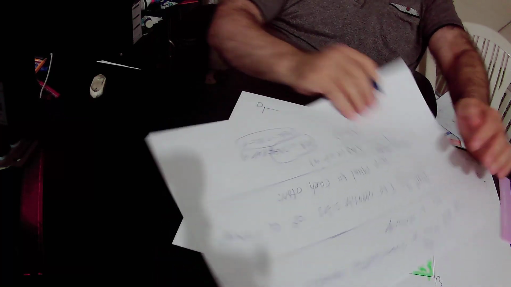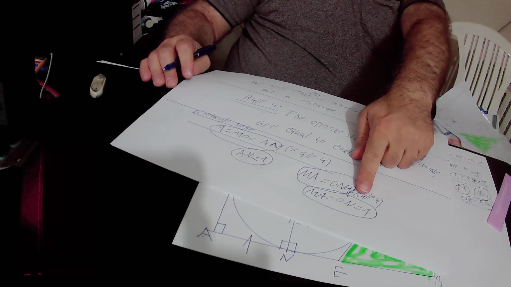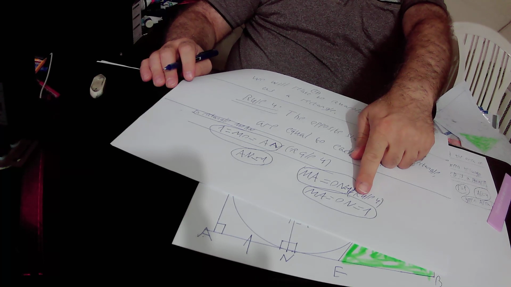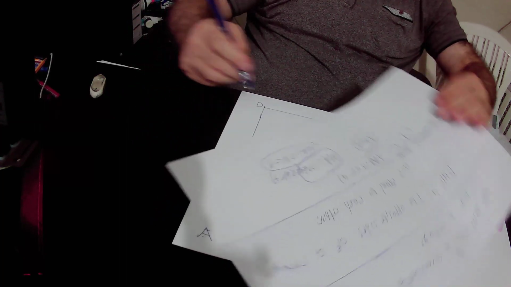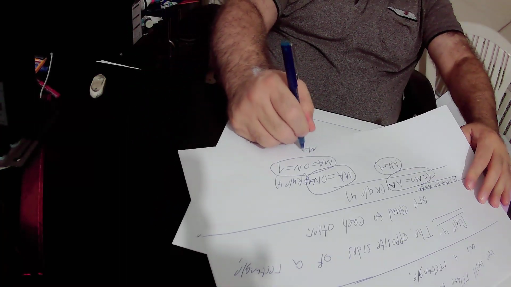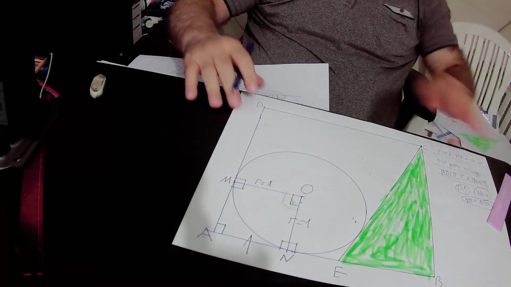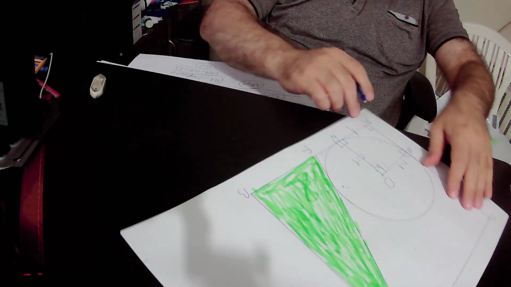And from this equality, we will derive that MA also equals 1 unit. MA equals 1 unit. So we can write here that MA equals 1 unit.